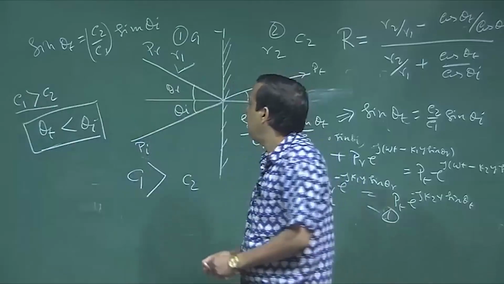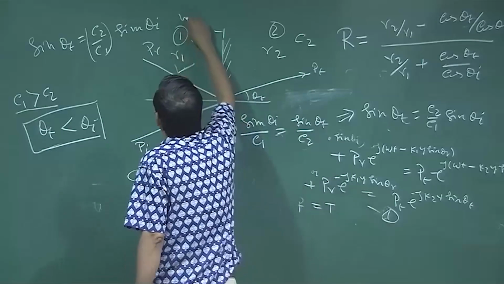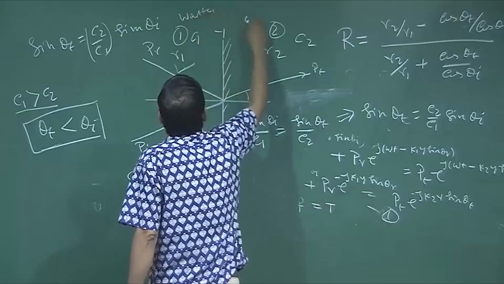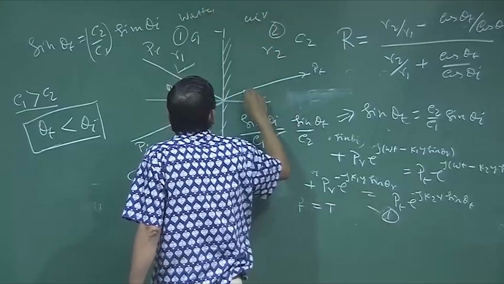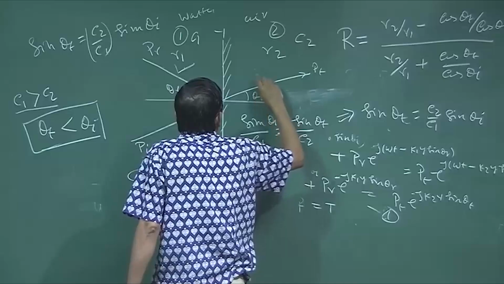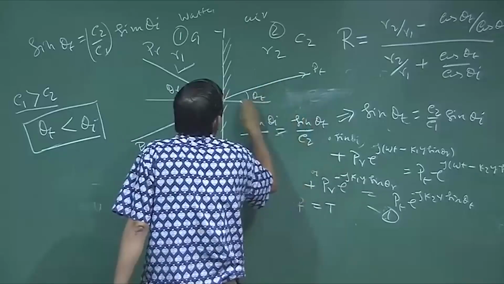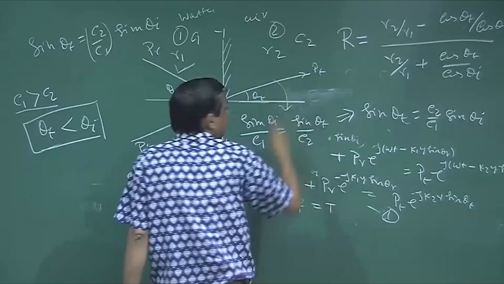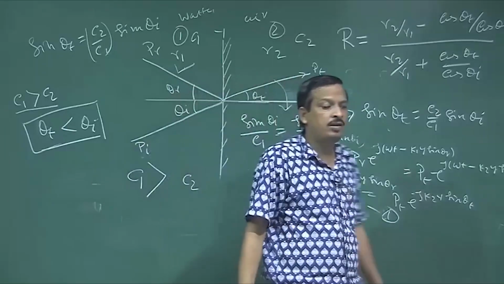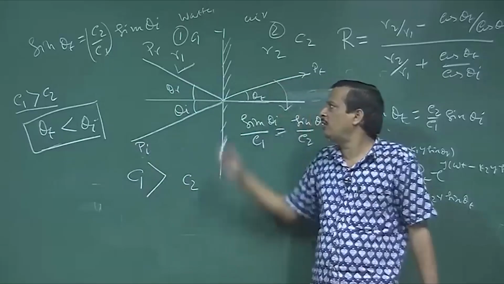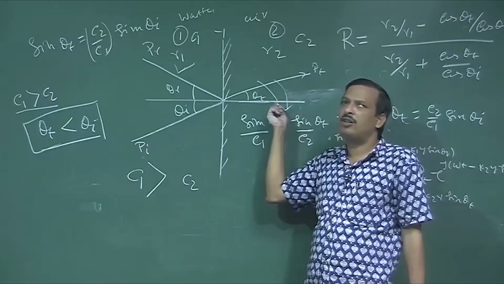So, I can say if this is water and this is air, then the transmitted ray should be bent towards the normal.